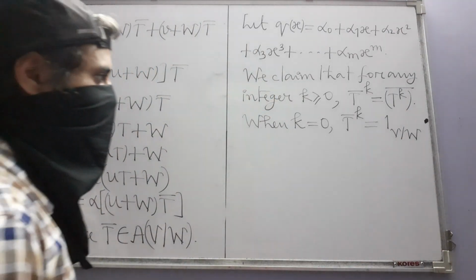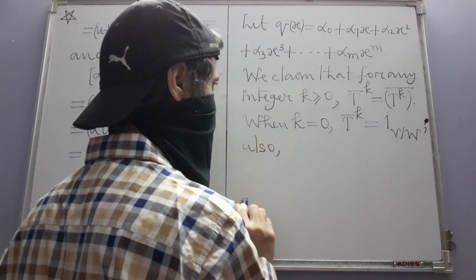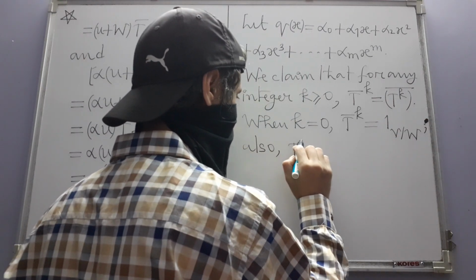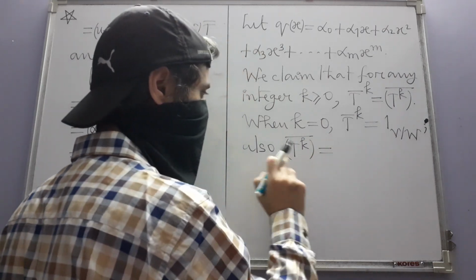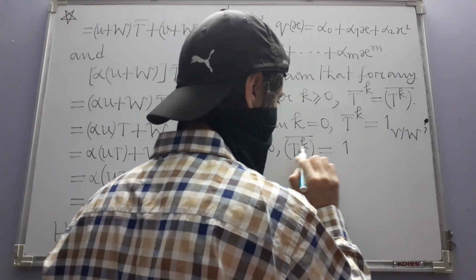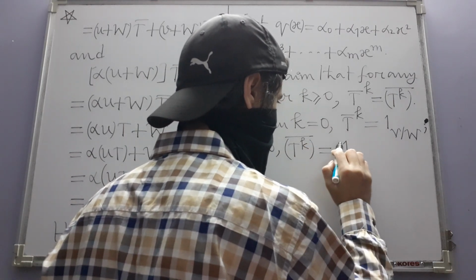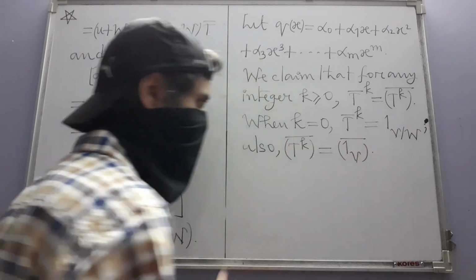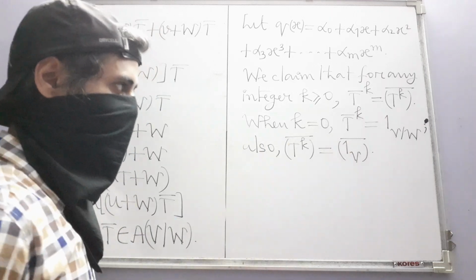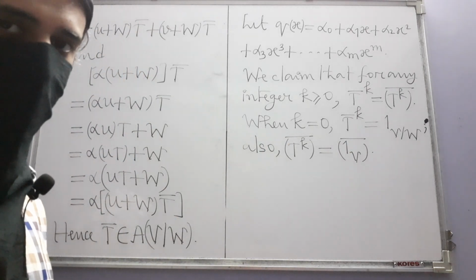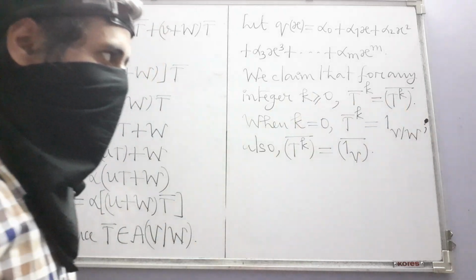Also, this one is the identity operator on V, but bar. Now we don't immediately know what this thing is. So let's see what it is by calculating its effect on any element in V/W.